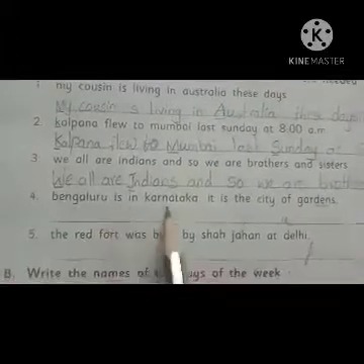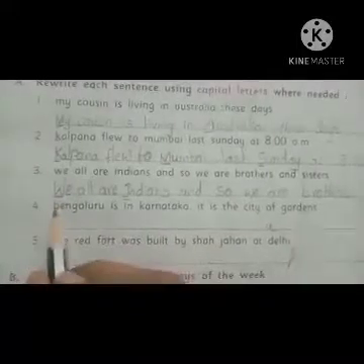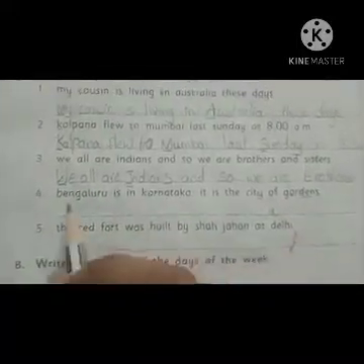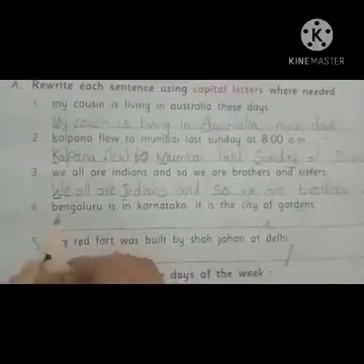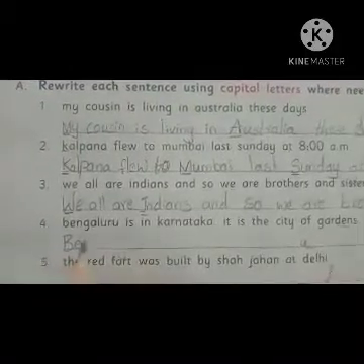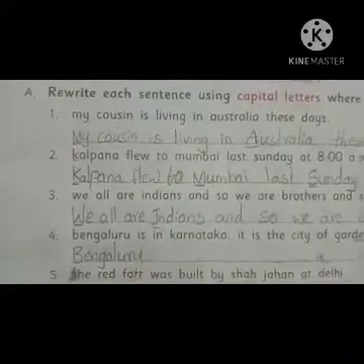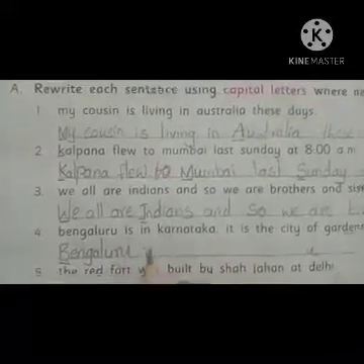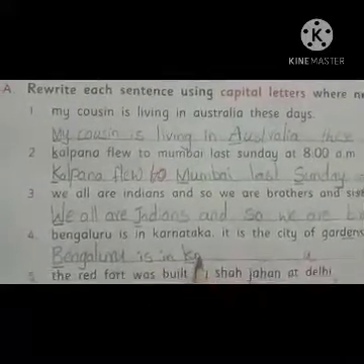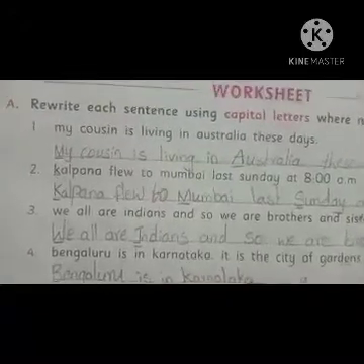Bangalore is in Karnataka. It is the city of gardens. Here these two are the which ones? Places. So we have to write the starting B and K as capital letters. Bangalore, B-E-N-G-A-L-U-R-U. Bangalore. Underline the B. Is in Karnataka. Write the capital K. Karnataka.